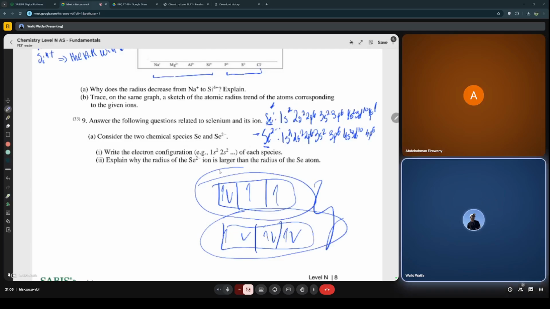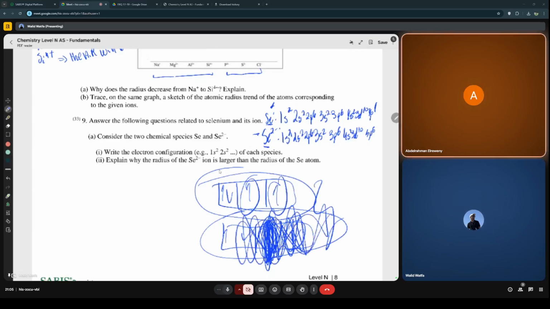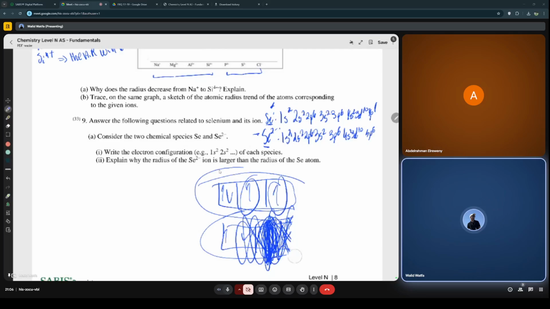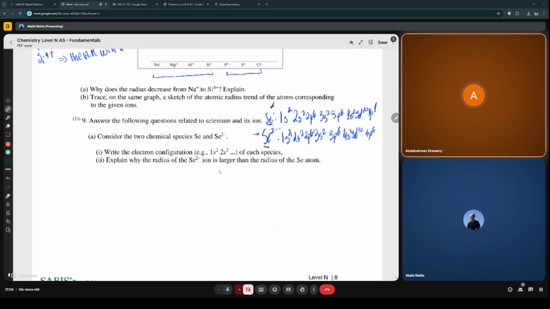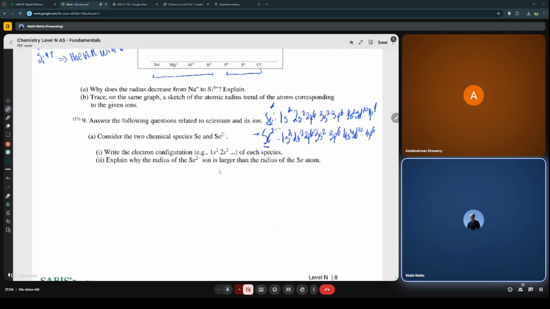So these are 2, 2. This is 1, 1. When you have two electrons beside each other, what happens? Extra repulsion. Exactly, that's all you need. If they ask you, why is it larger when you get an anion, what do you tell them? Repulsion. Okay. Yalla.